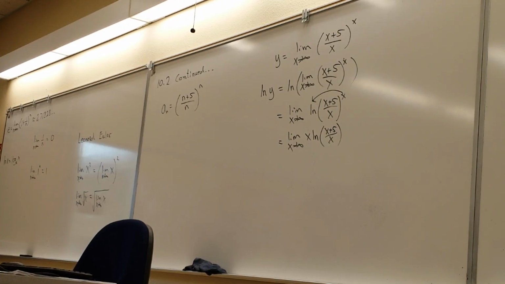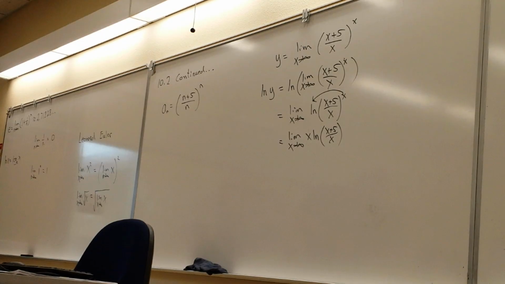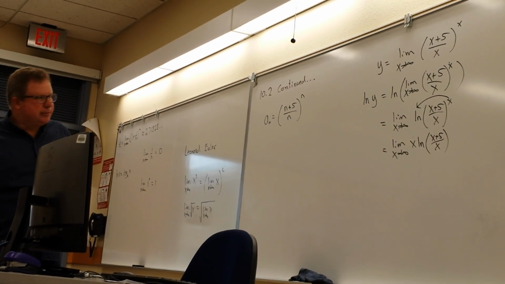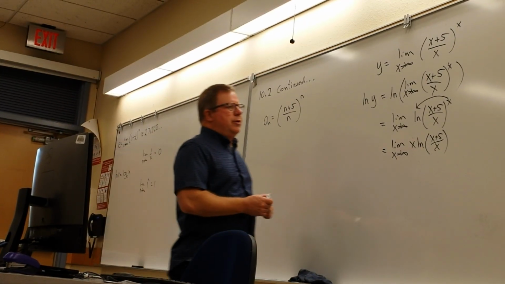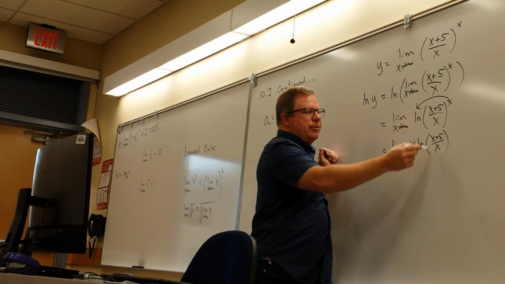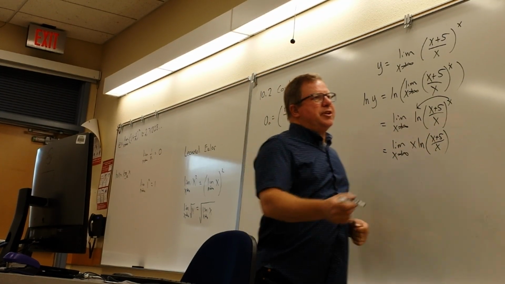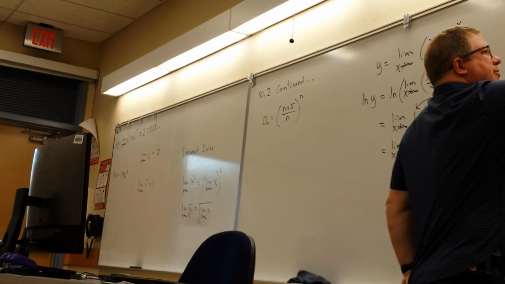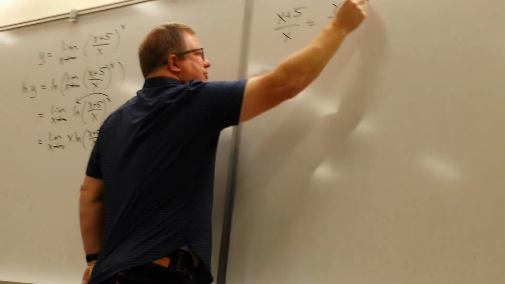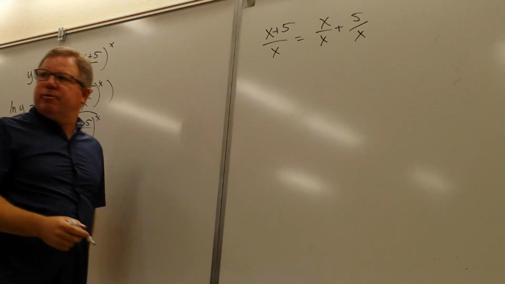Natural log, they bring the n down. Oh, I see what they did. This inside here, this x plus 5 over x, that's like x over x plus 5 over x, right?